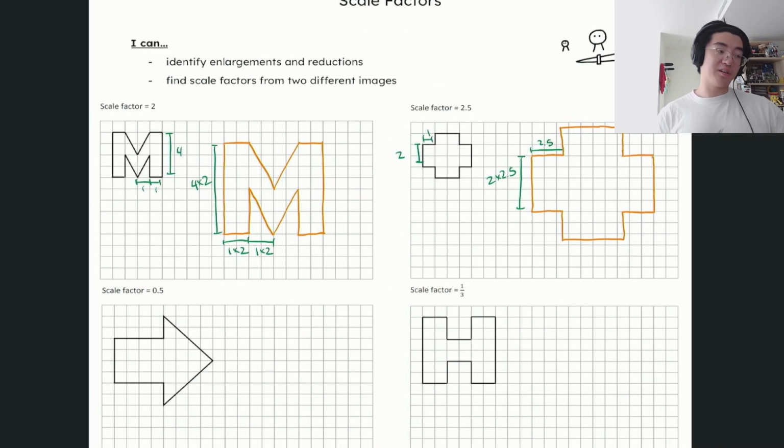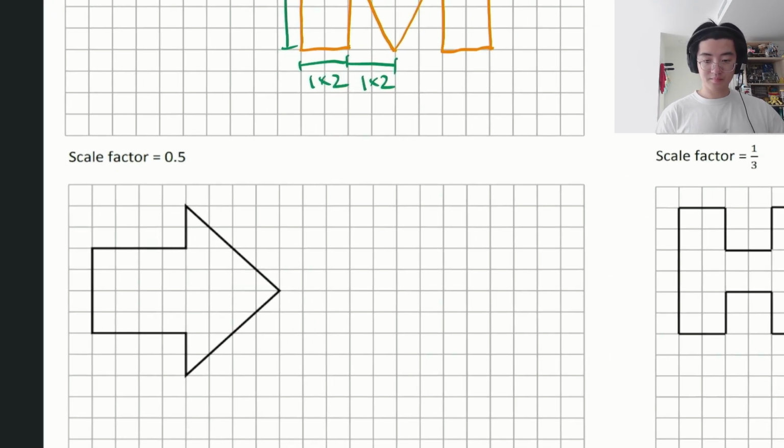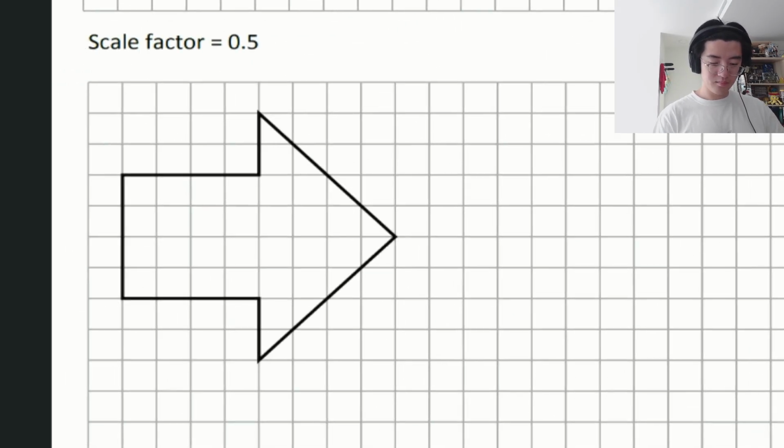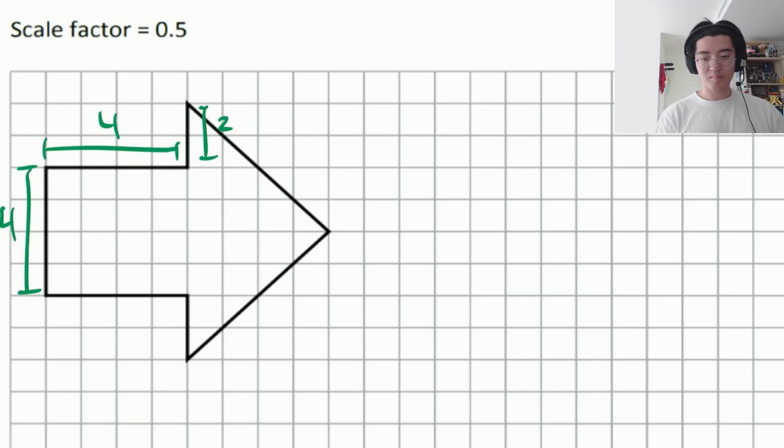As you can imagine, we can go backwards too. We can get smaller. So here, we've got a measurement of 4. 4 here, and then 2 here. And this diagonal here cuts across 4 squares.